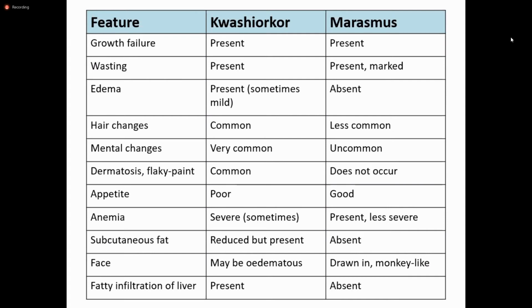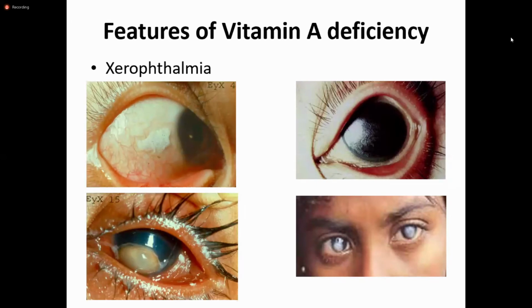So after dealing with kwashiorkor, what we are talking about is deficiency of calories and proteins, which are the macronutrients. Now I will be discussing micronutrient deficiencies or vitamin deficiencies. Now, vitamin A deficiency leads to xerophthalmia, and vitamin A is a major factor for growth as well as it is related to vision.